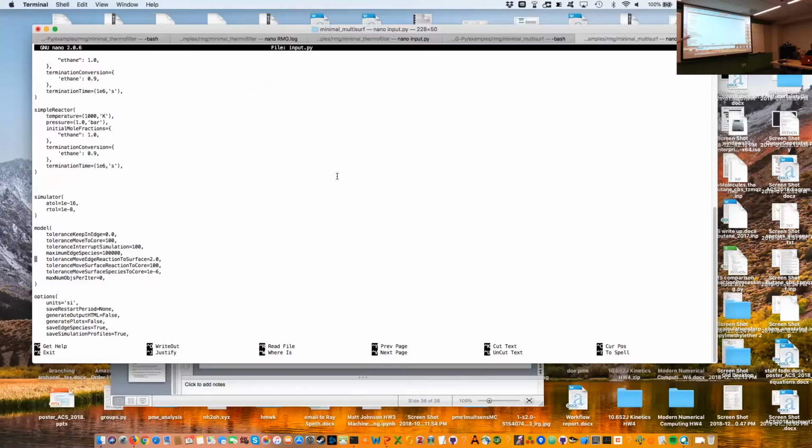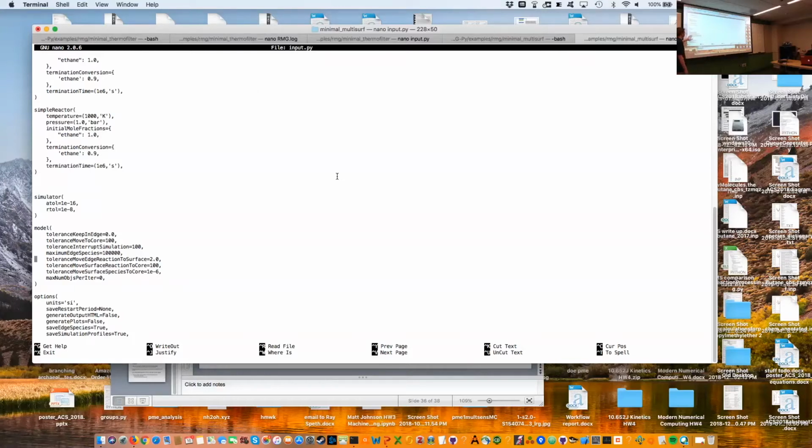I haven't entirely turned off the primary flux criterion, but it'll do a little bit of stuff, and a lot of it's off. We have two tolerances for moving reactions and species from the unimportant section of the core to the important section of the core.